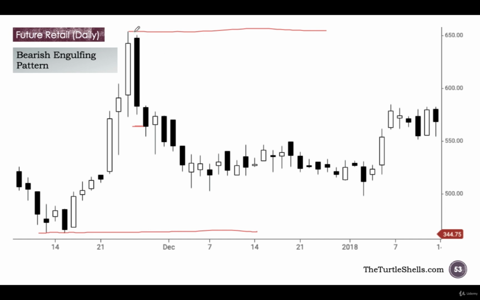Second is the bearish engulfing pattern that confirms some prior resistance. And then third one is the price confirmation. So if we have a pattern which confirms the prior resistance and gives price confirmation, that's a very high probability trade. Okay?